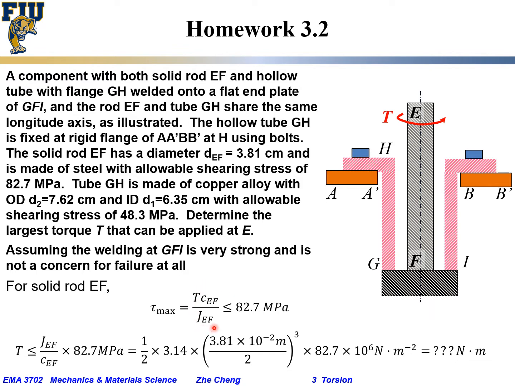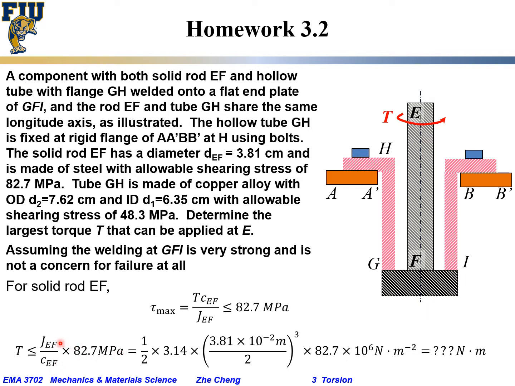And this whole thing, Tc over J, has to be smaller than our so-called allowable shearing stress, 82.7 megapascal. Then rearrange. You would have T smaller than or equal to J times 82.7 megapascal divided by C_EF. And then you plug in the number.